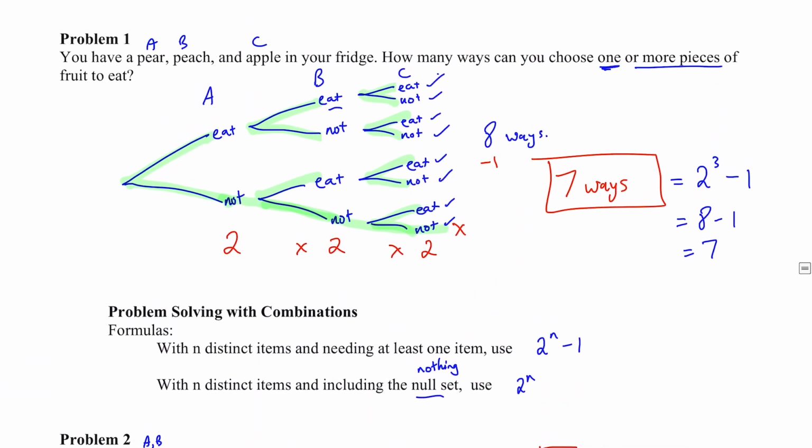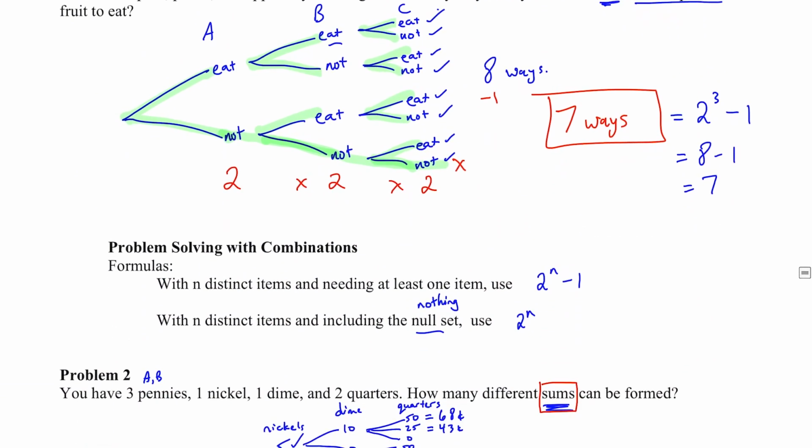Actually, what you might find unique is if we go back up to this question here, that, okay, you have 3 items, a pear, a peach, and an apple. If someone said, how many ways are there to choose one of them? You would say, oh, that's 3 choose 1. But then they could also say, well, how many ways are there to choose 2 of them? Well, that would be 3 choose 2. And how many ways are there to choose 3 of them? Well, that'd be 3 choose 3.